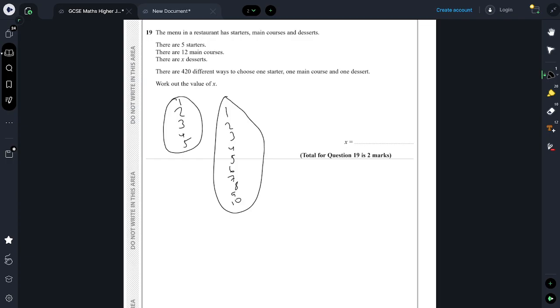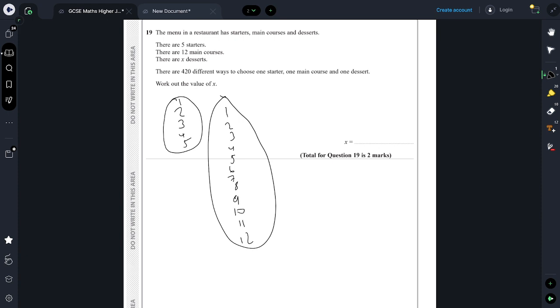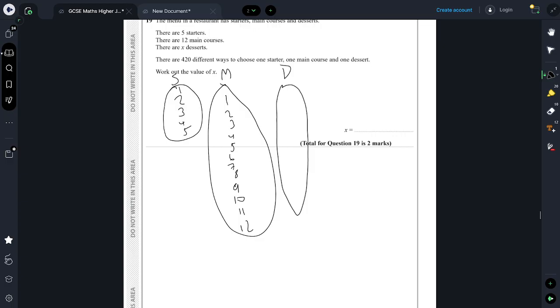There were 12 main courses and there were X desserts. So there's going to be some amount of desserts. We don't know how many desserts are in this list.